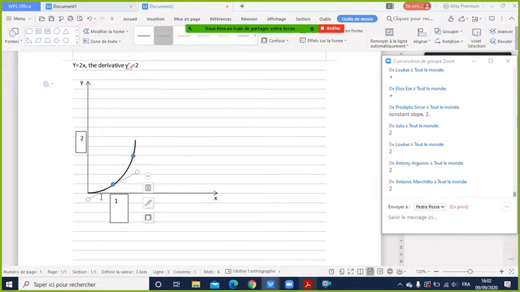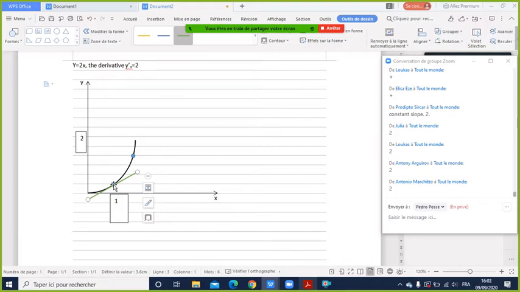This green line is a tangent to this graph at this point. So the derivative for this point will be the slope. And we can say that that will be the rate of its change.